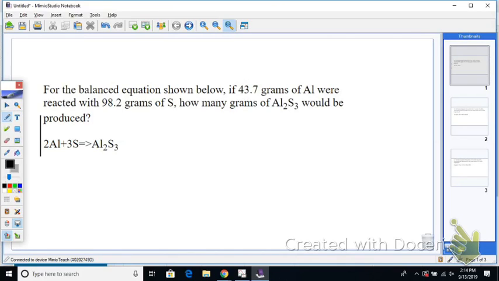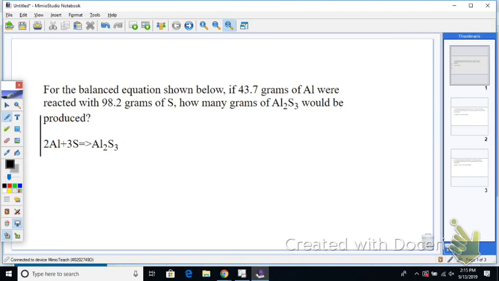The one that has the lowest amount that it will produce, that's your answer, because that's the one coming from the limiting reactant. So the lesser of the two answers would come from the one that ran out. And that's how you can figure out which one is limiting.